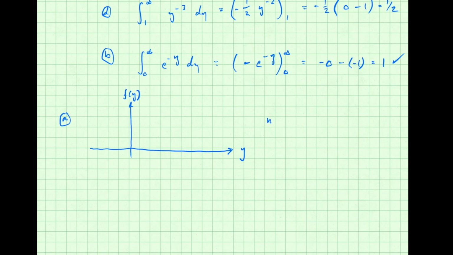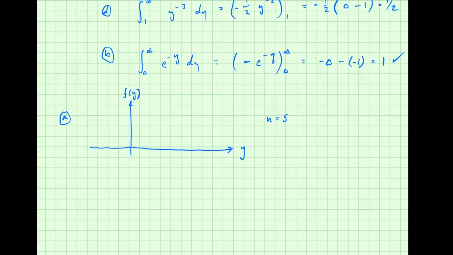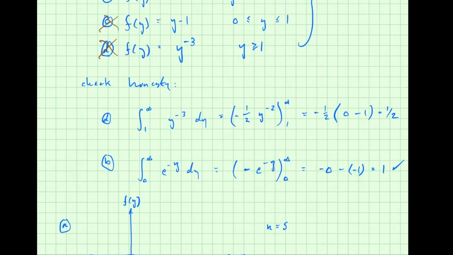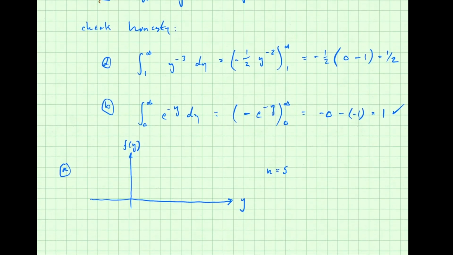And let's just say we take the case n is equal to 5, right? It could be anything. I may as well pick 5. Why not? It doesn't have to work. Or if it doesn't work for n equals 5, it's over. So, okay, so then you go over here and say, what values can y take on? Okay, now 1, 2, 3, 4, 5. That's all it can take.